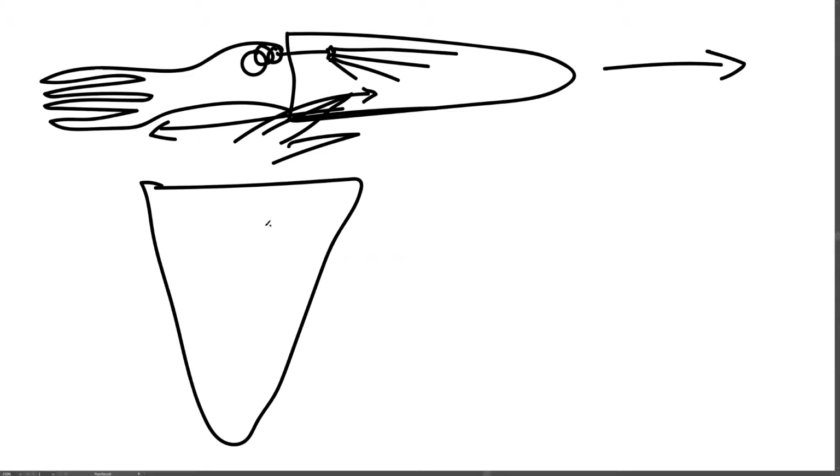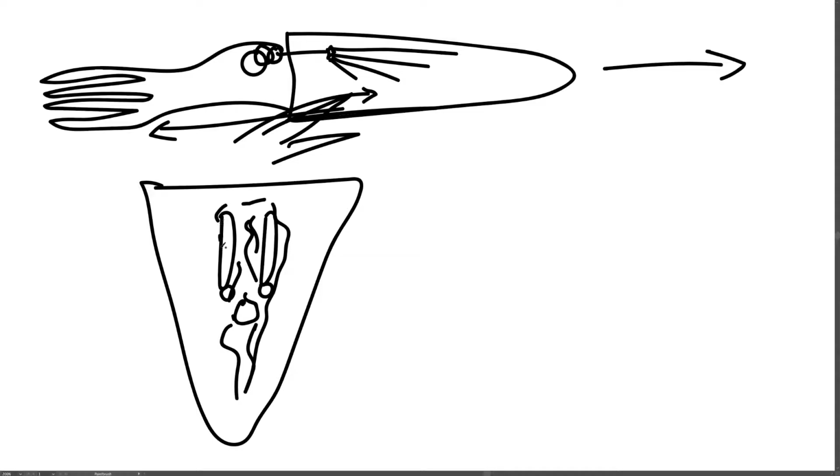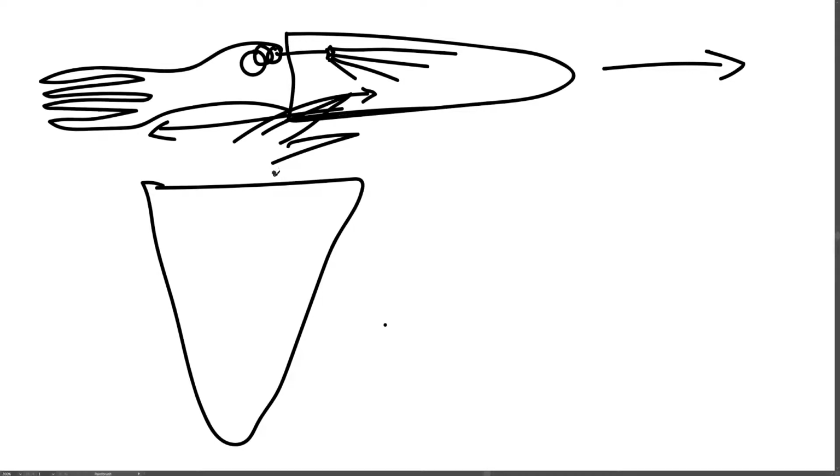And there, as I said, there are two gills in here, and there's a couple of brachial hearts, and there's a systemic heart, and other organs that are found inside the mantle. But these are very easy to remove. And inside the mantle, as I said, there are two neurons that come down from the brain, and they connect to the stellate ganglia.